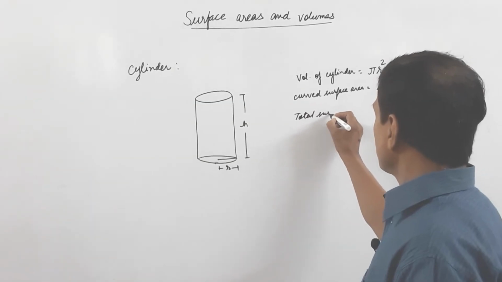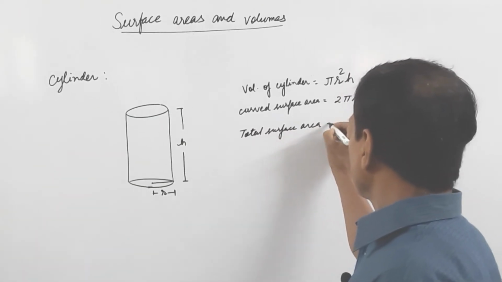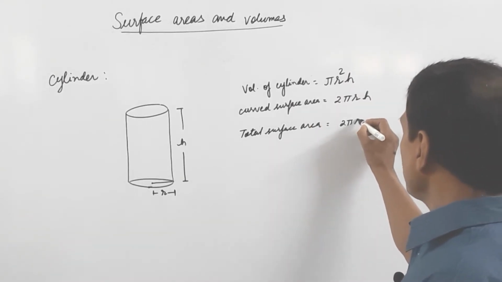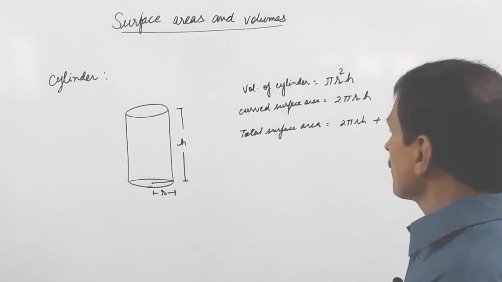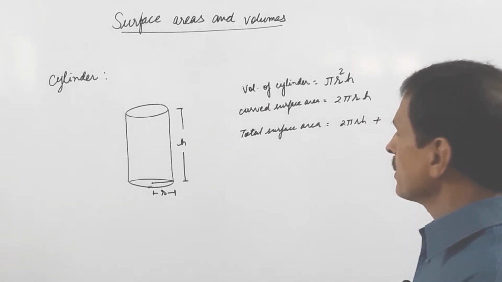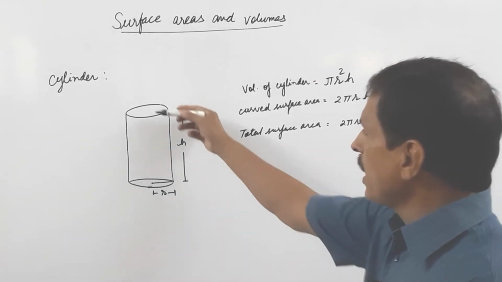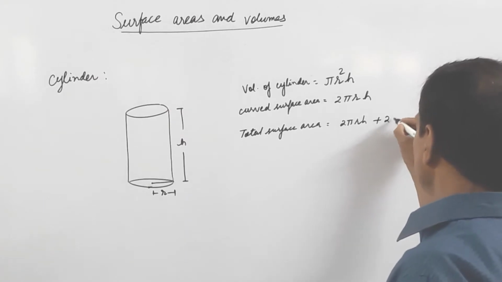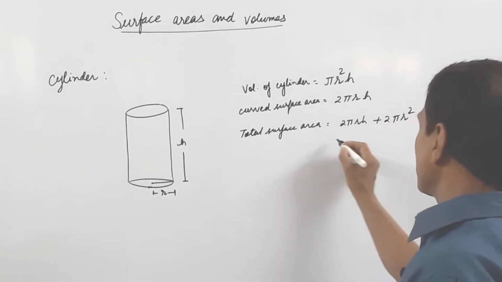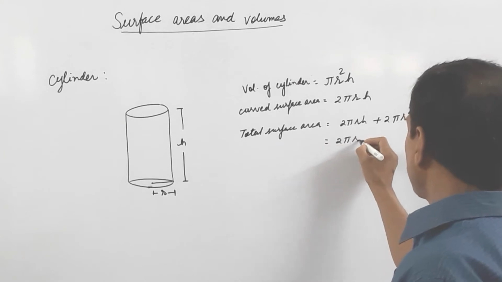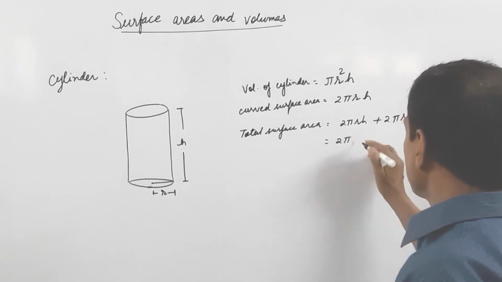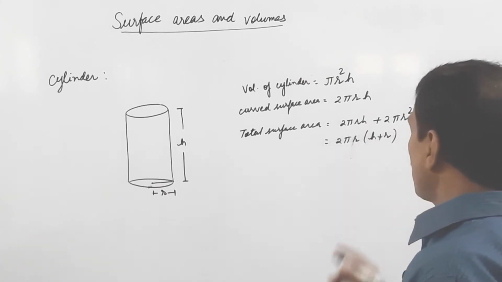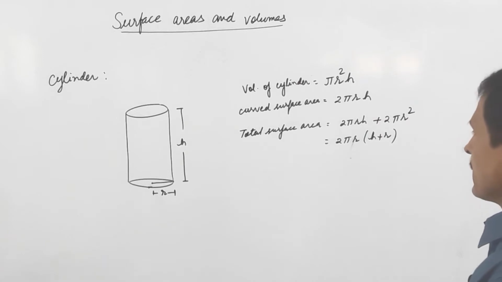Total surface area is equal to curved surface area 2 pi r h plus area of the two plane surfaces, that is area of the two circles. So 2 pi r square, that is 2 pi r h plus r. This is total surface area.